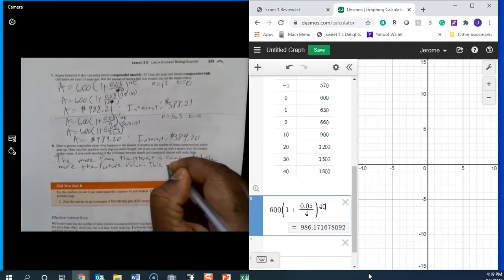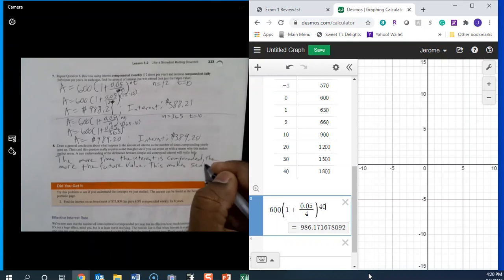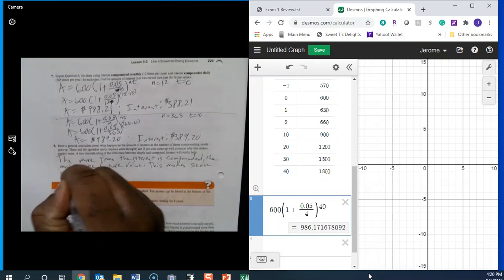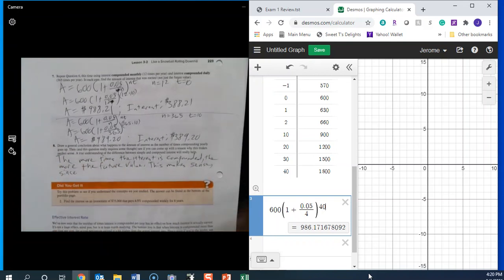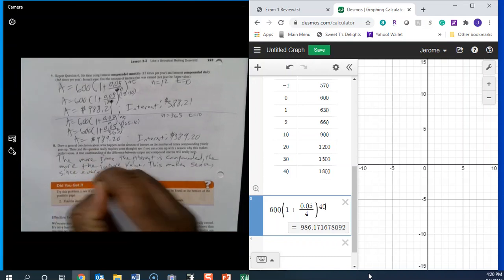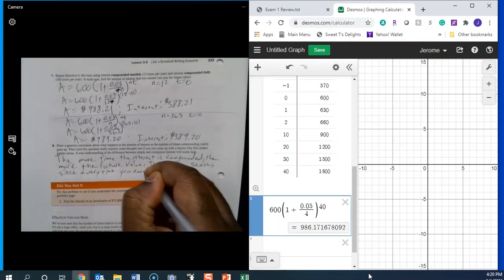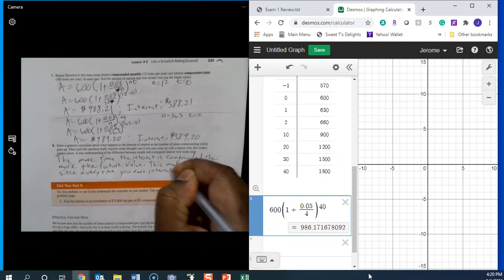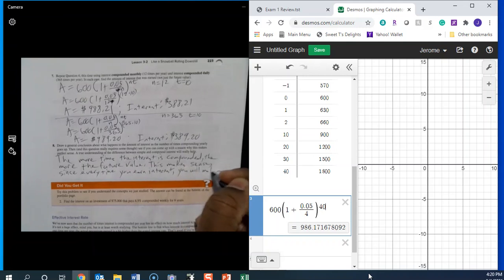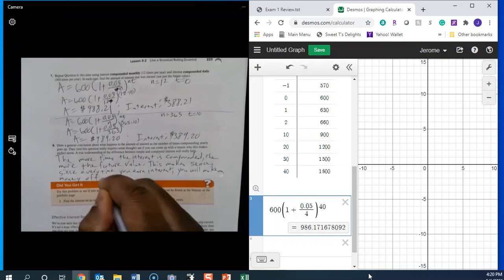This makes sense since every time you earn interest, you will make money off your interest.